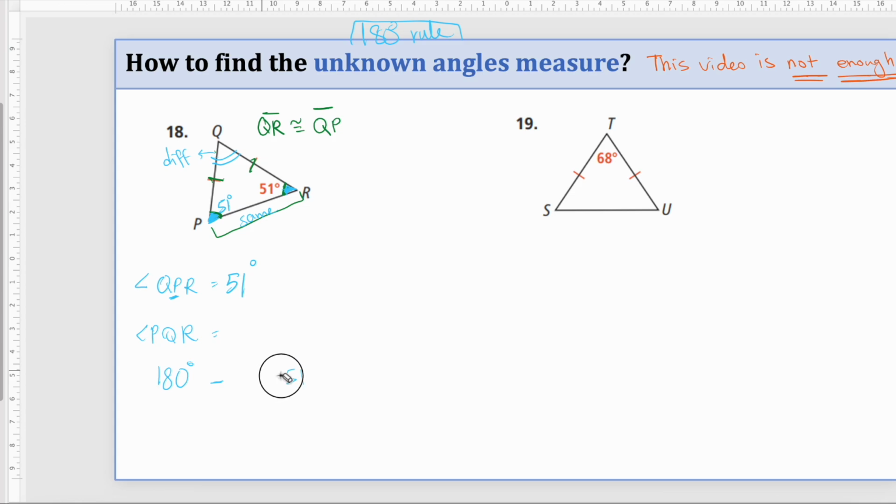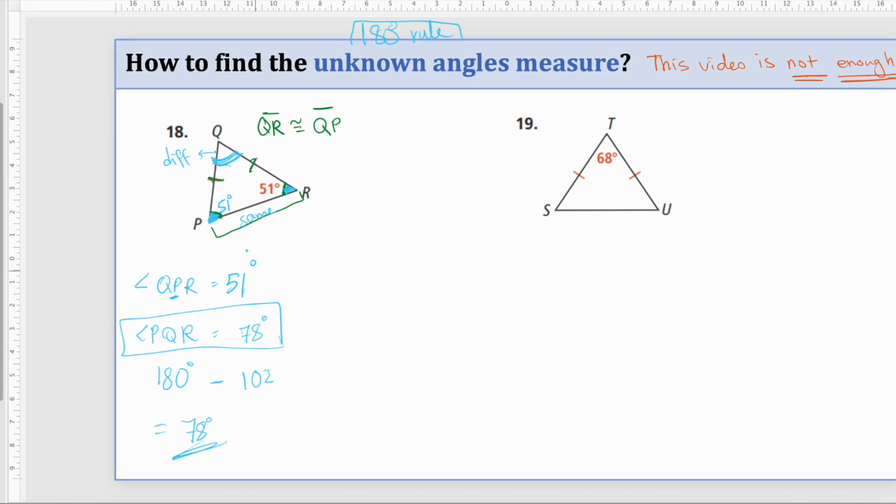So minus from it these two angles, 102. If you check out the answer, you're going to get 78, and that's the measure of the missing angle. Okay, 78 degrees.